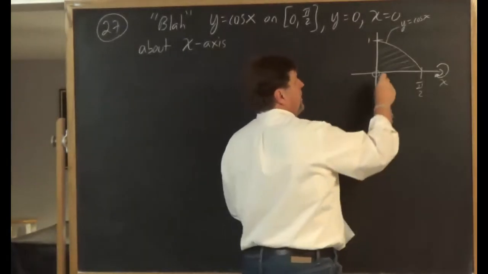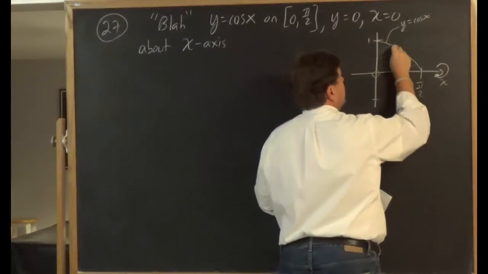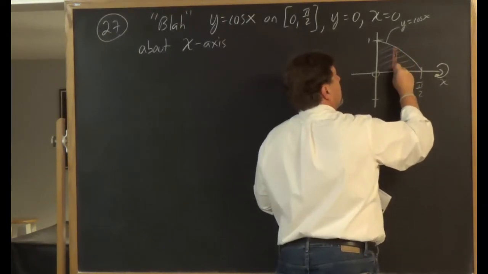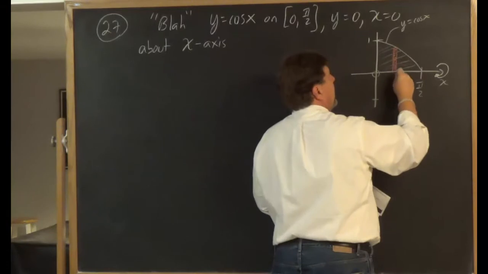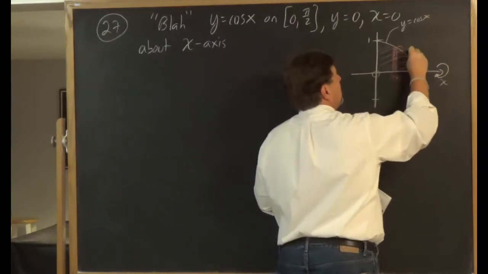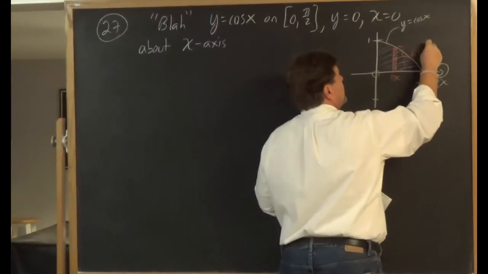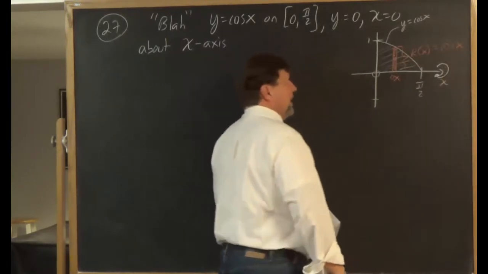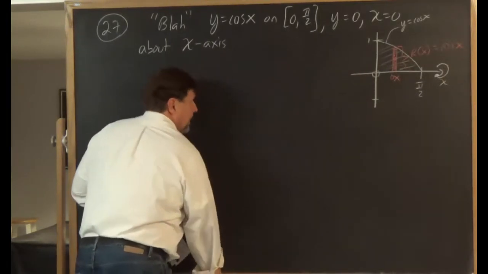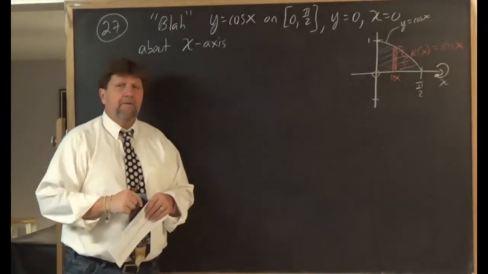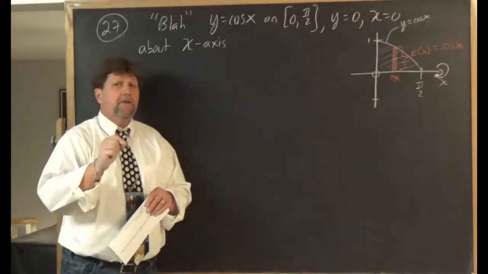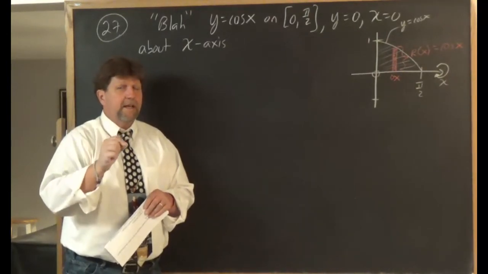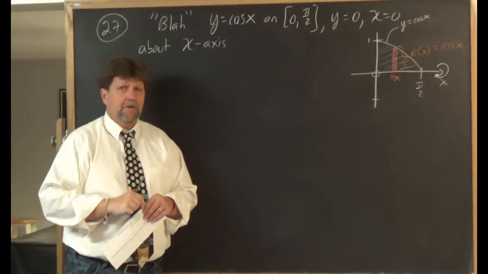I put in a representative rectangle. The base is delta x. The radius, well, it's cosine x. And yes, that representative rectangle is perpendicular to the axis of revolution, and it's touching or resting on the axis of revolution.